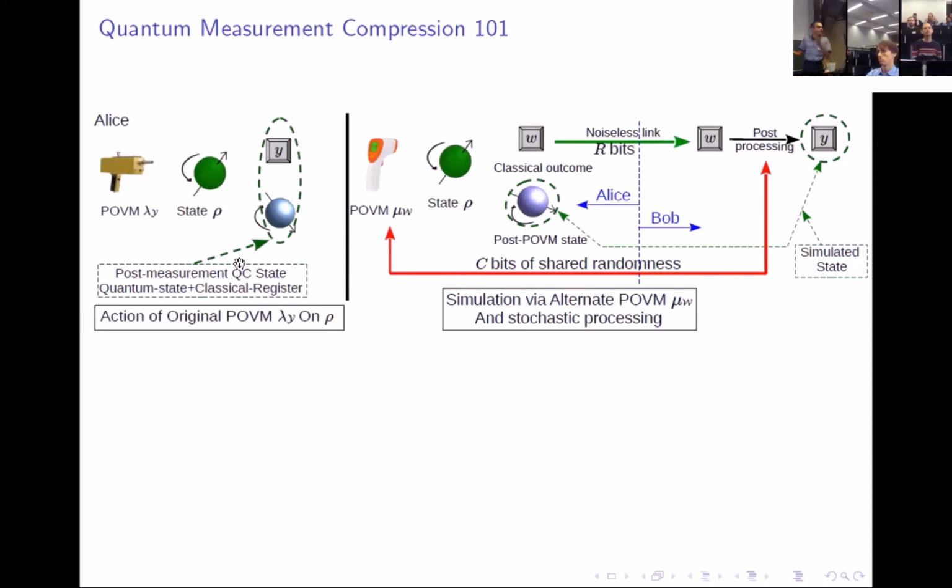Then you've essentially simulated the original POVM. And you're able to do that with only R bits communicated from the encoder to the decoder, as opposed to the entropy of Y. So R is the information content in the outcome of the measurement. The extra C is just complete randomness that the measurement is throwing out. So that is the formulation.